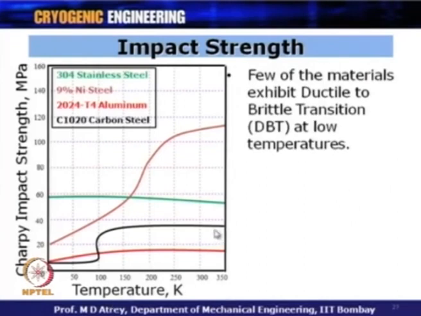Now, there is a very funny curve in this, and this is a particular curve I would like to highlight your attention to, and this material shows some very specific characteristic. Few of the materials exhibit ductile to brittle transition, or DBT, at lower temperature.